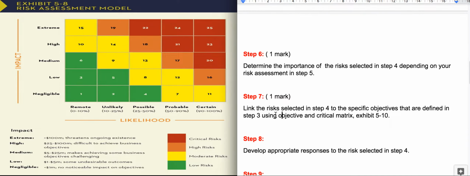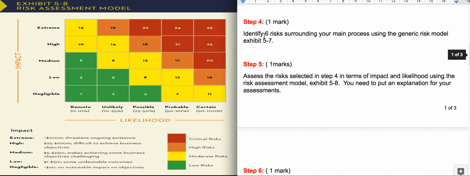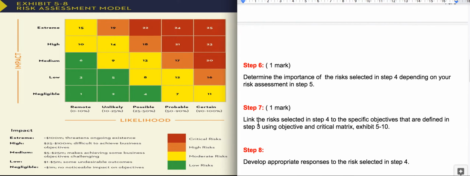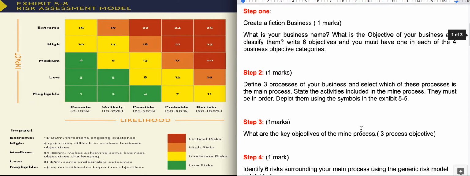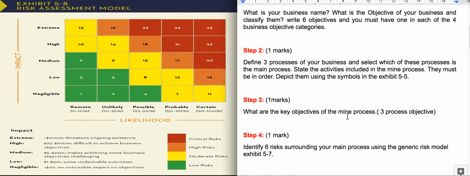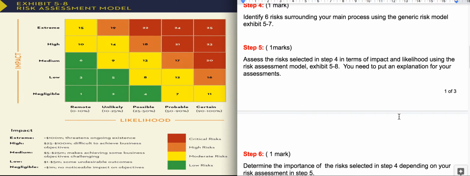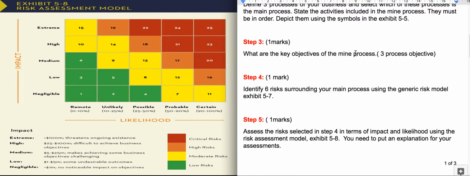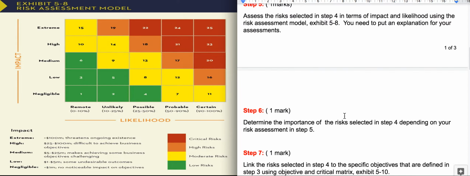Step 7, you need to link the risk that you have identified here, assessed here, and determined the importance of here. You need to link this risk with the specific objective that you identified in step 3. In that step, you identified 3 process objectives. So the risk whose importance you determined, you need to link with this objective.